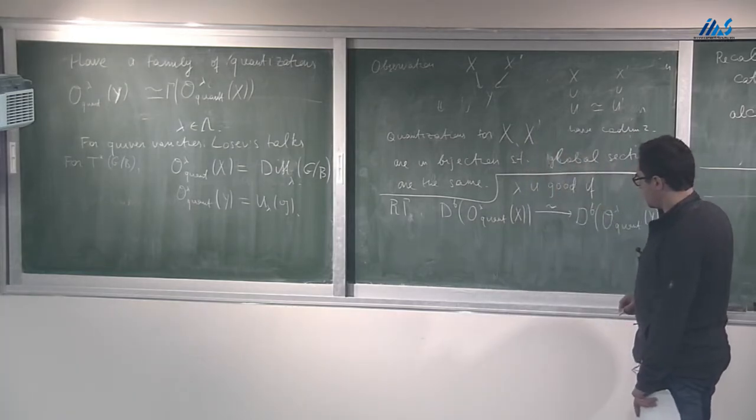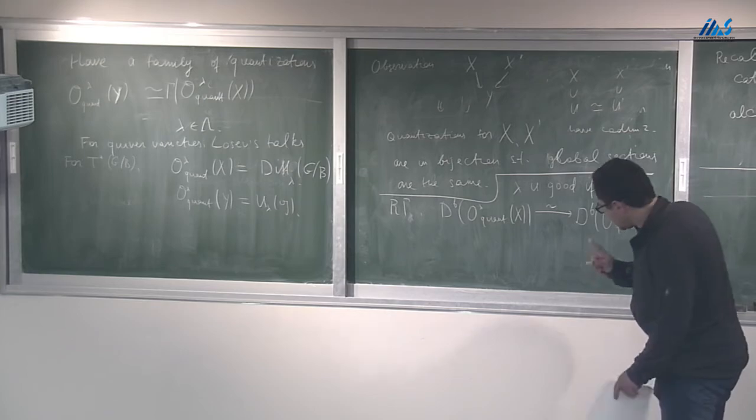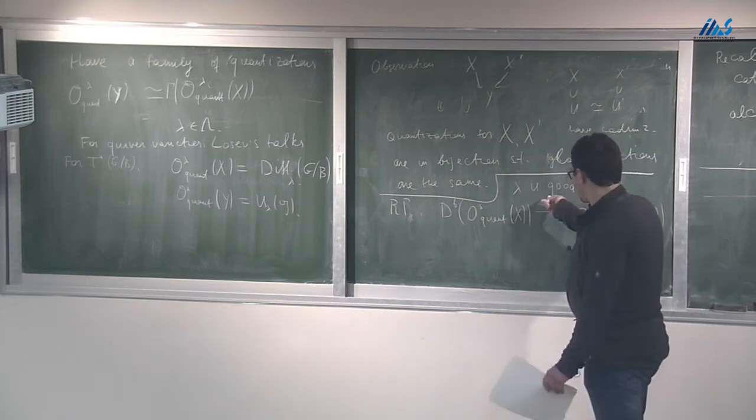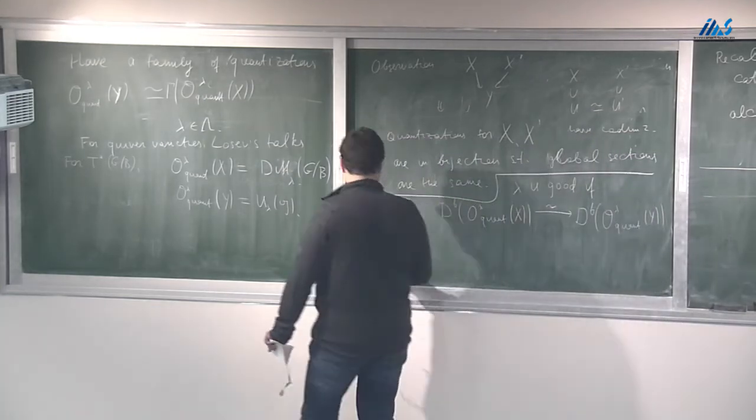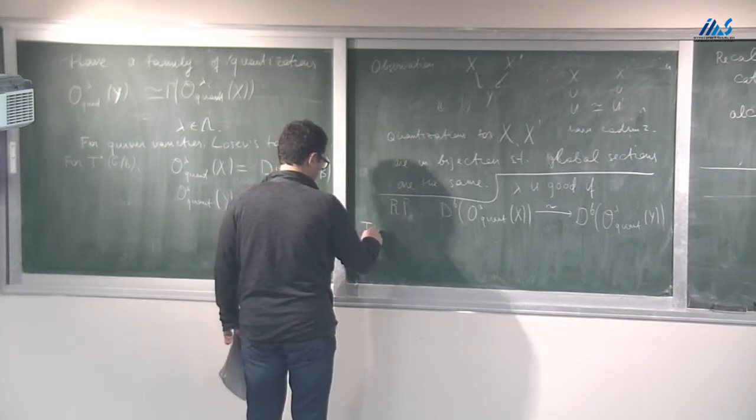Here formally it means for all x. Well, let's say temporarily lambda is good for x.